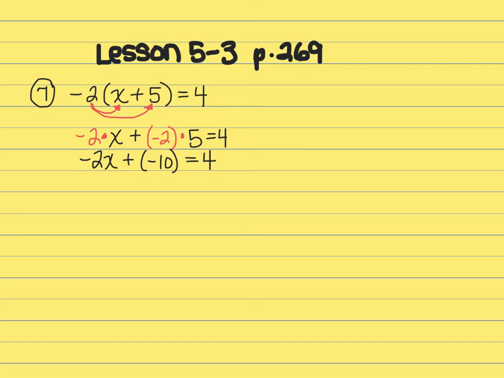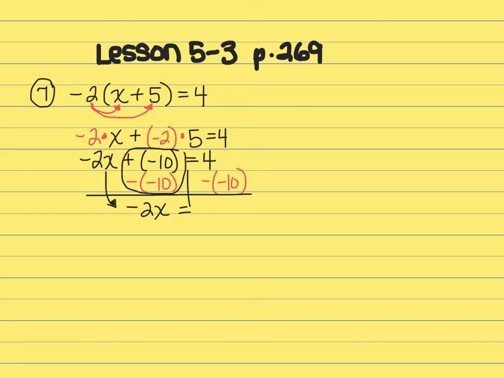The next step here would be to undo the adding a negative 10, and the opposite of adding a negative 10 would be subtracting a negative 10 from both sides. So the negative 2x will come down to the next stage.